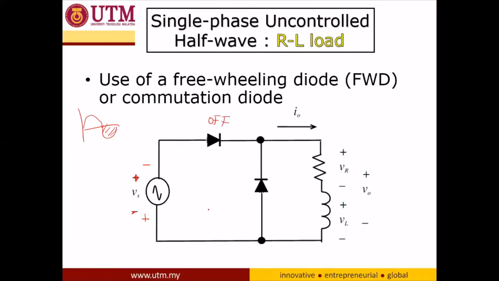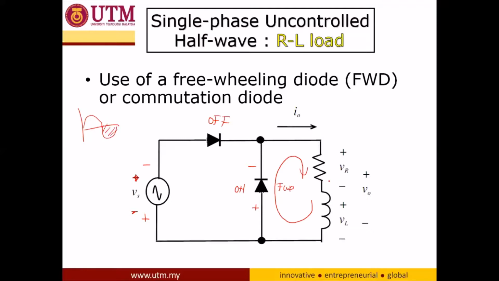And the anode of the freewheeling diode is now positive compared to the cathode, meaning that it is on. When it is on, the inductor will discharge its energy through the freewheeling diode.